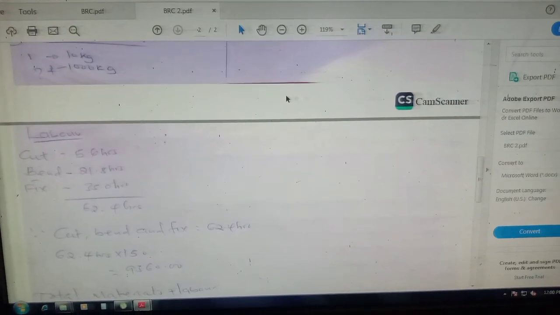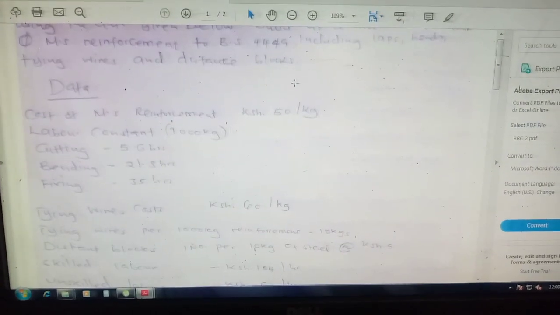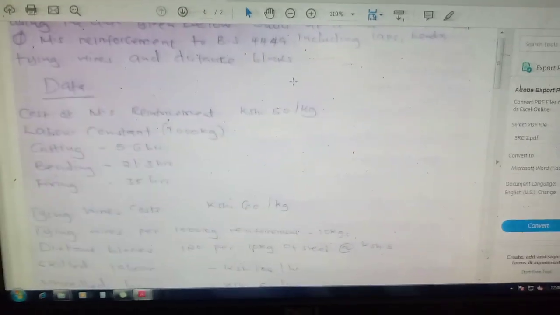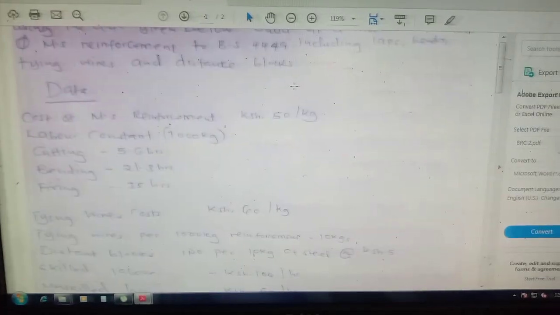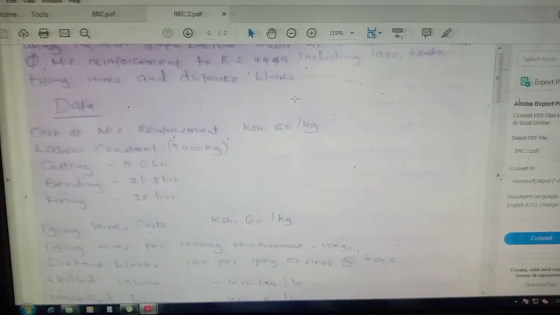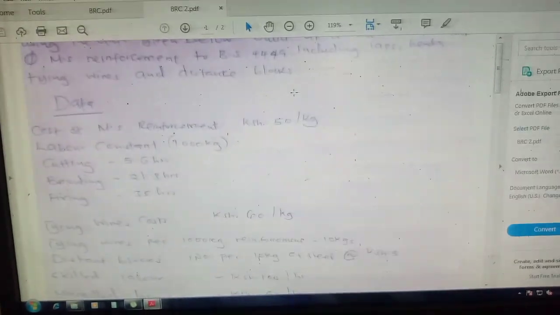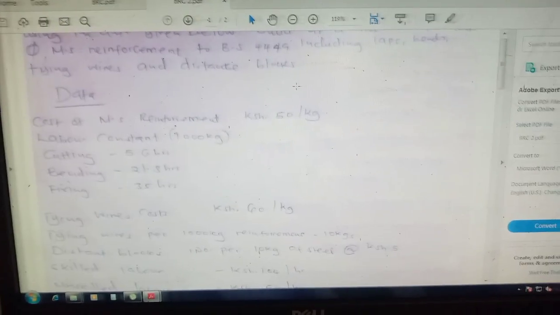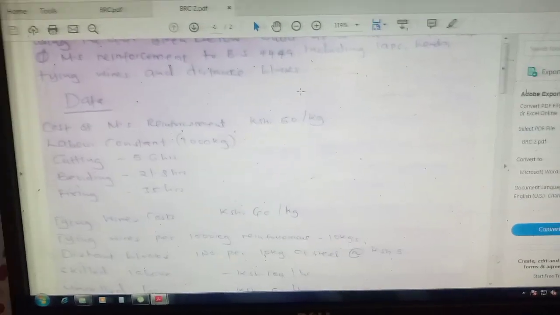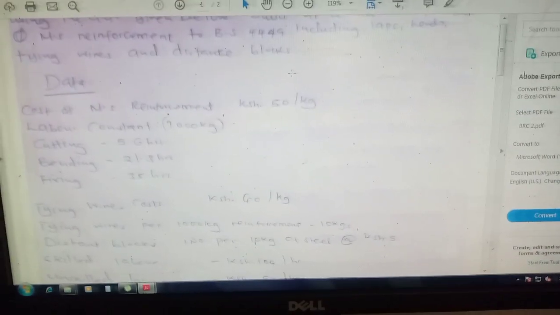Then we proceed to labor. For labor, we were told nearly everything in the data. We were told the labor constant for 1,000 kgs will be cutting, bending and fixing. When you want to put reinforcement in place, the first step is to cut it into the required size. Then the next thing you'll bend it, you bend the hooks.